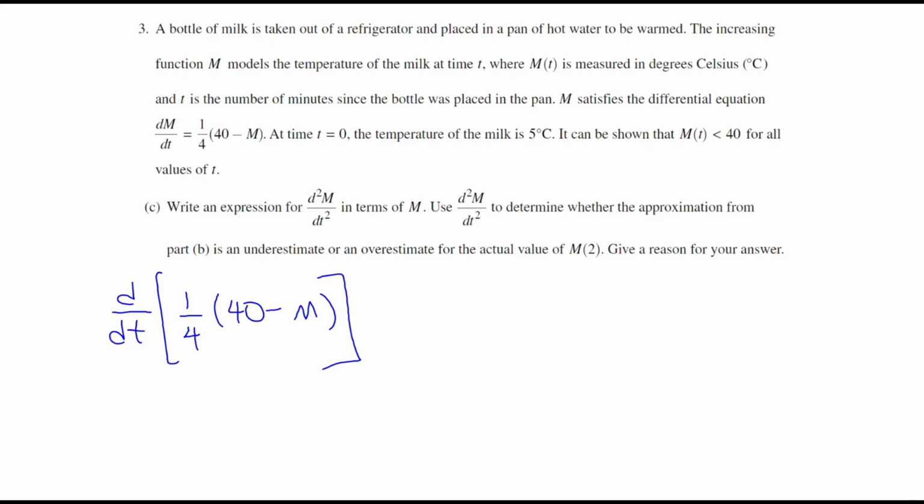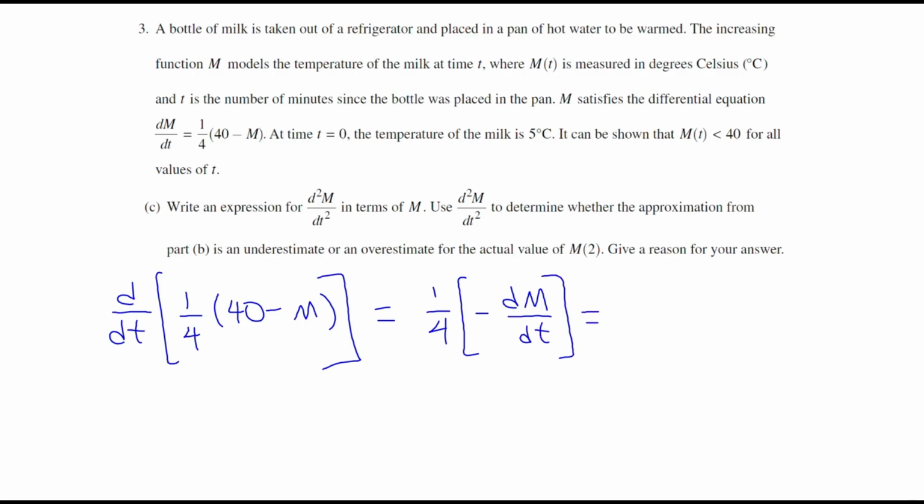So we have to remember that when we do that, first of all, the 1/4 just stays as is, and we take the derivative of 40 minus m. Well, the derivative of 40 is 0, and the derivative of negative m with respect to t is negative dm/dt.